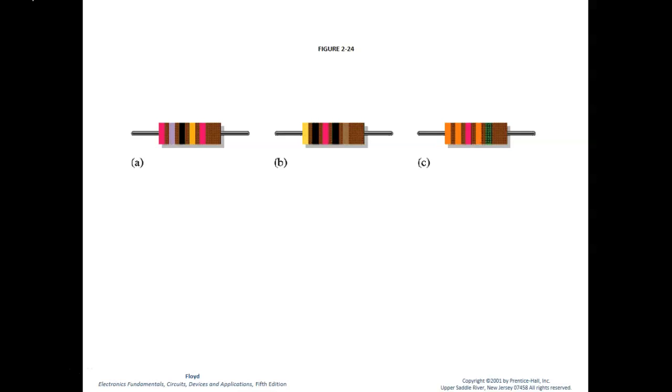This 10 multiplying by 1 is 10 to the 0. This is 10 to the 1, 10 to the 2, 10 to the 3, to the 4, 10 to the 5, 10 to the 6, 10 to the 7, and 10 to the 8.